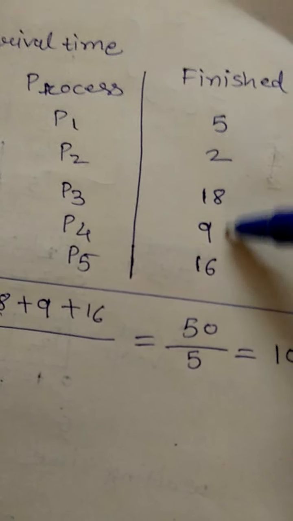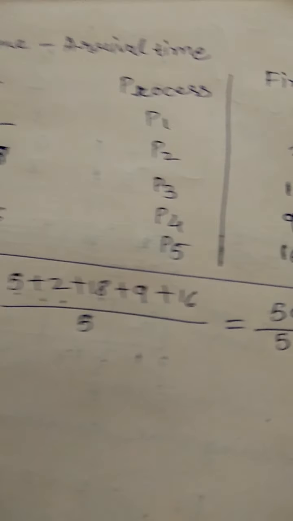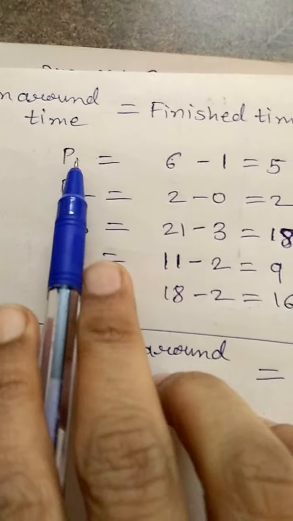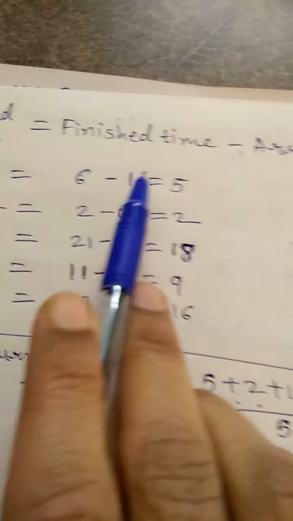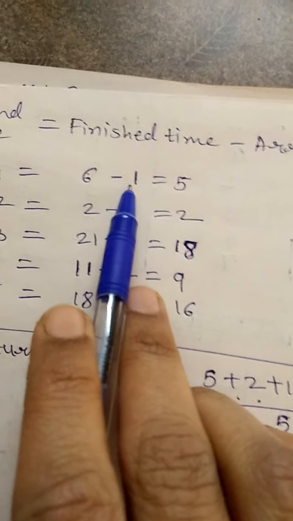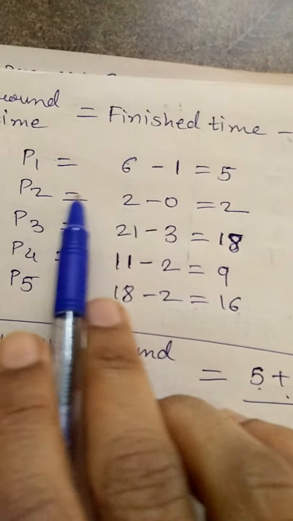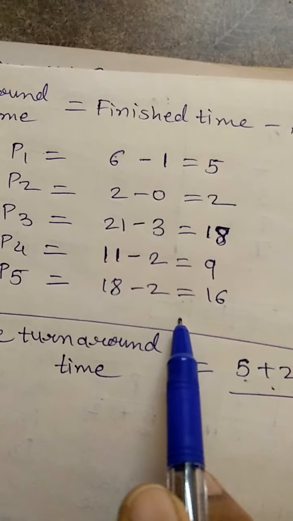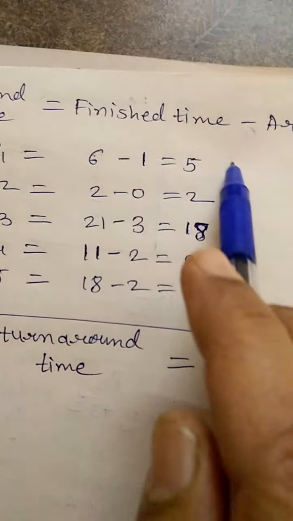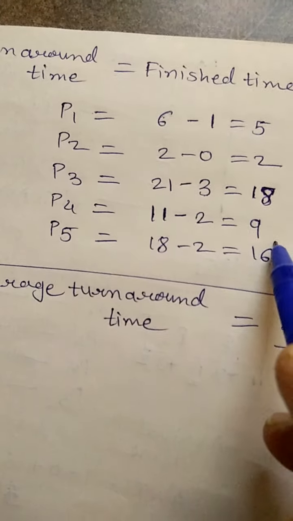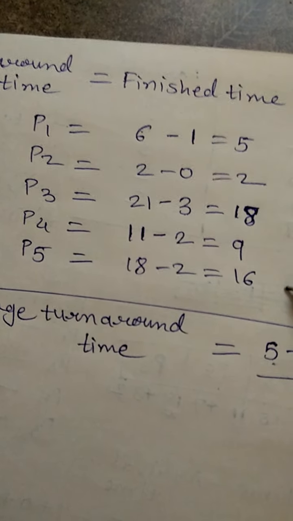Let us use this. For P1, the finish time is 6 minus the arrival time, that is 1, so 6 minus 1 is 5. Same for P2, P3 and so on. Up to P5 we have calculated the turnaround time for each process.